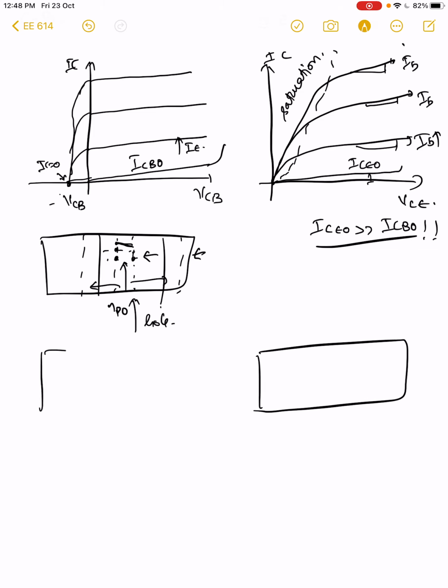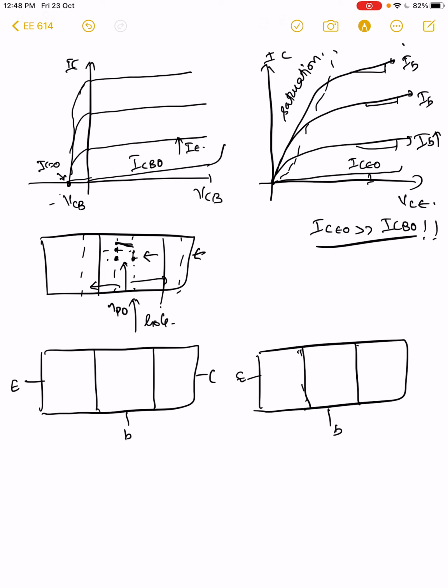So let us once again compare these two: base, collector, emitter, base, collector, emitter. In the common emitter case, you have something like this. And in the common base scenario, you have something like this.